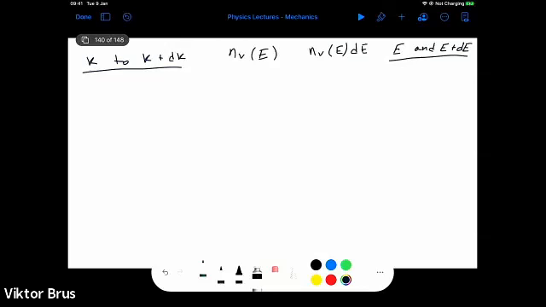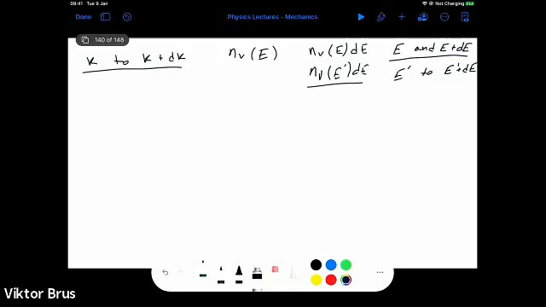If you change energy, you go to E prime, then it will be N_V(E prime) dE, and then the interval will be different. It will be E prime to E prime plus dE, and in this case we will get a different number.